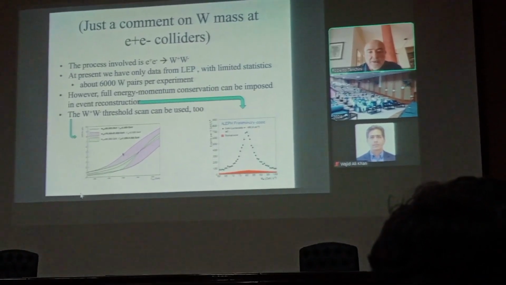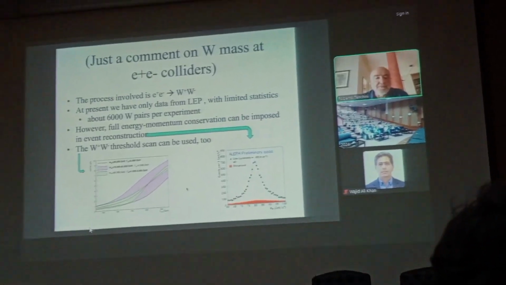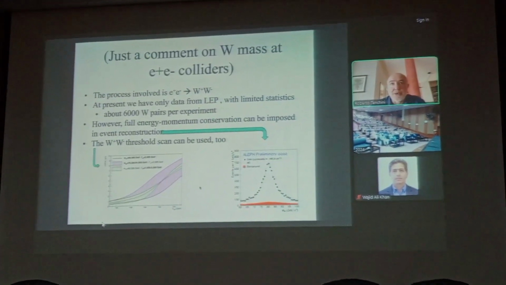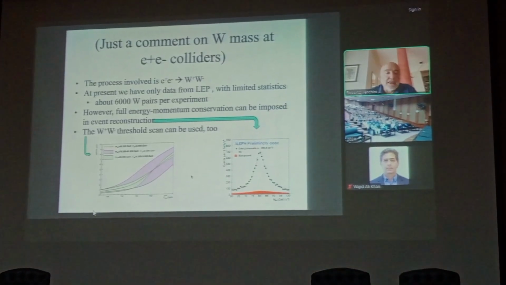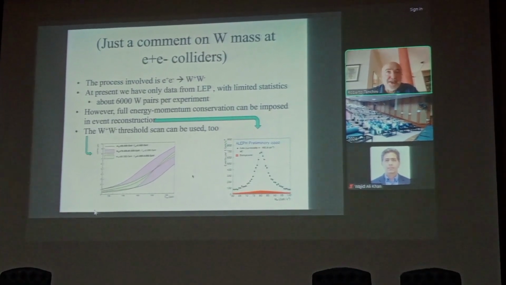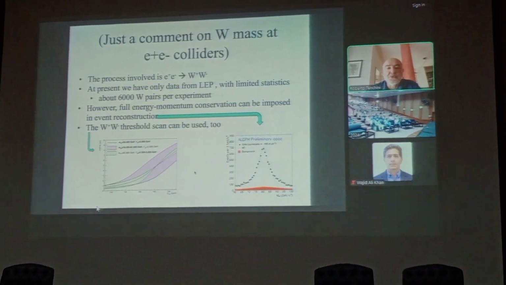This was done at the time in 1995. However, the uncertainty was large because there were only about 20 events per experiment. So these are quantities sensitive to the statistics.